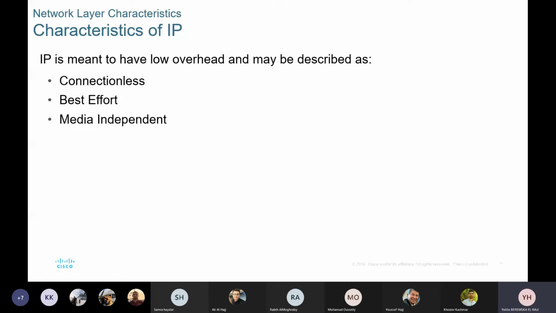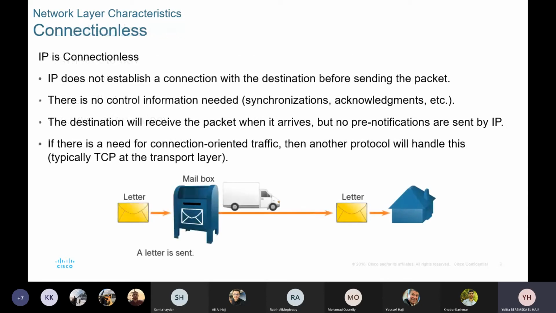There are some important characteristics that we have to mention for the Internet Protocol, and these are that IP is connectionless, best effort, and media independent. We are going to see now what each of these characteristics means.